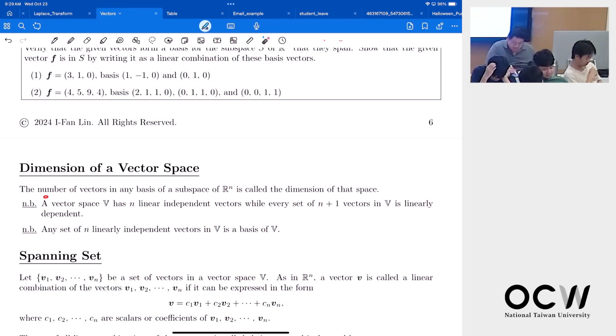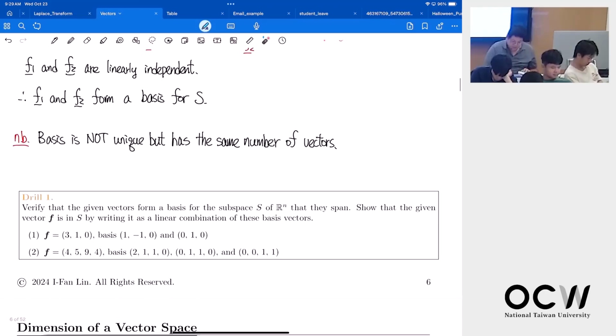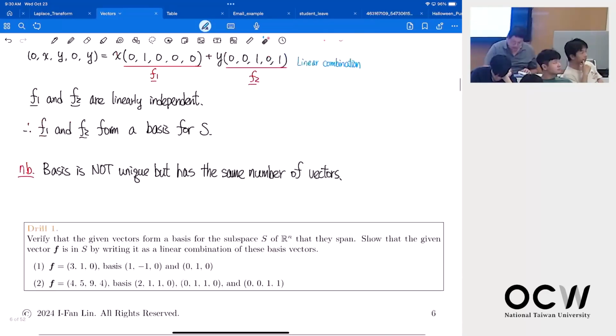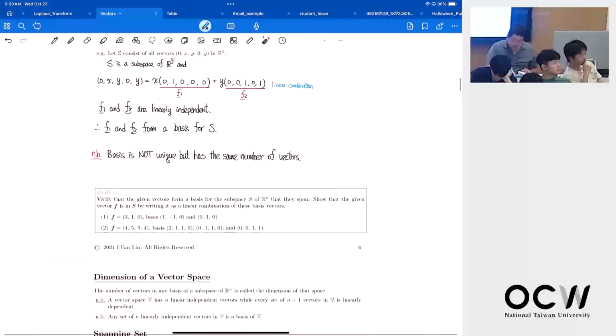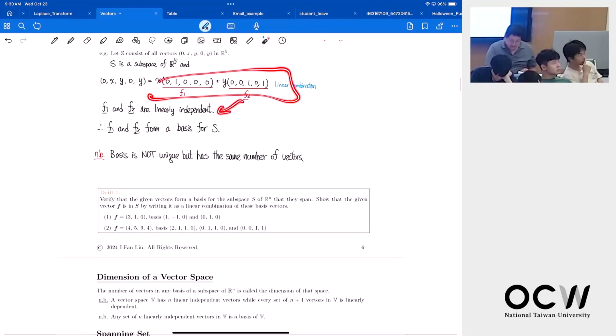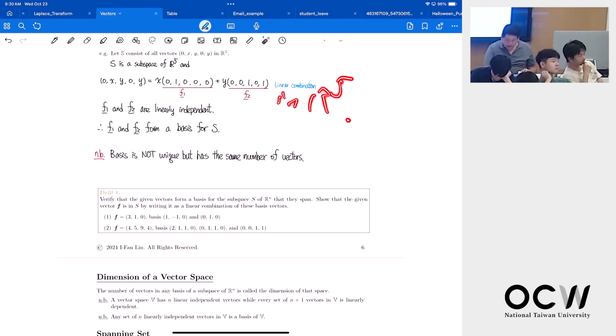So the number of vectors in the basis of that subspace. For example, in this case, I have two bases, right? The number of vectors in this basis of a subspace in Rn, this is in R5. Then what is the dimension?